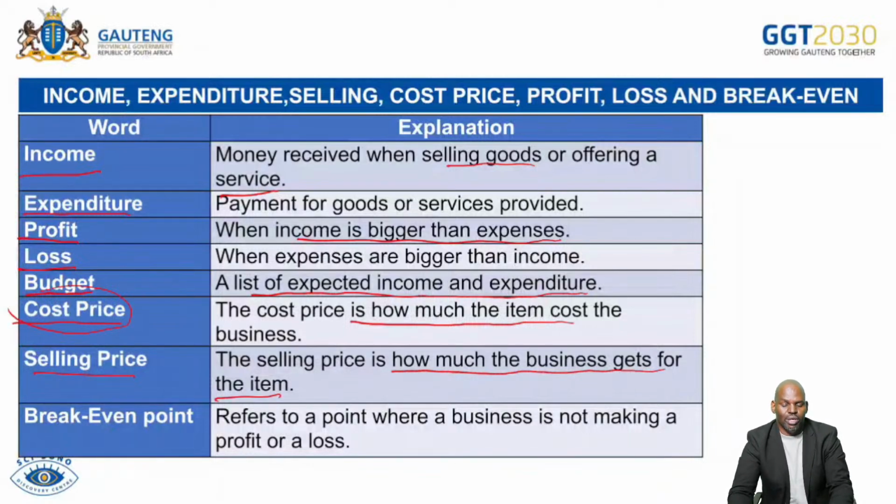That will be the selling price. And then the break-even point refers to a point where a business is not making a profit or a loss. In other words, if a business is not making a profit or a loss, that will be regarded as a break-even point.